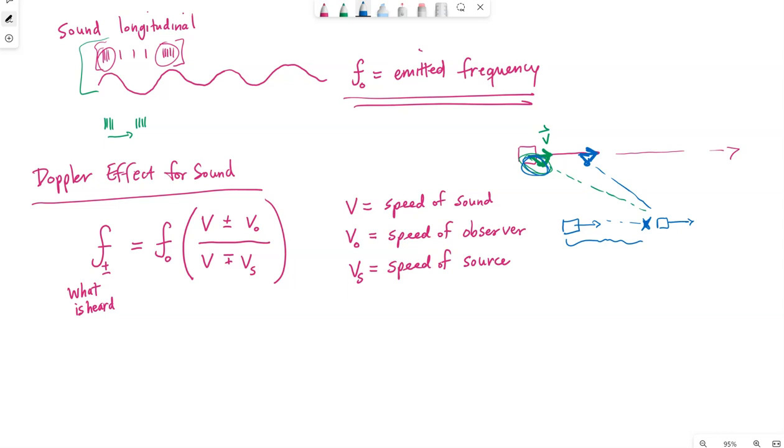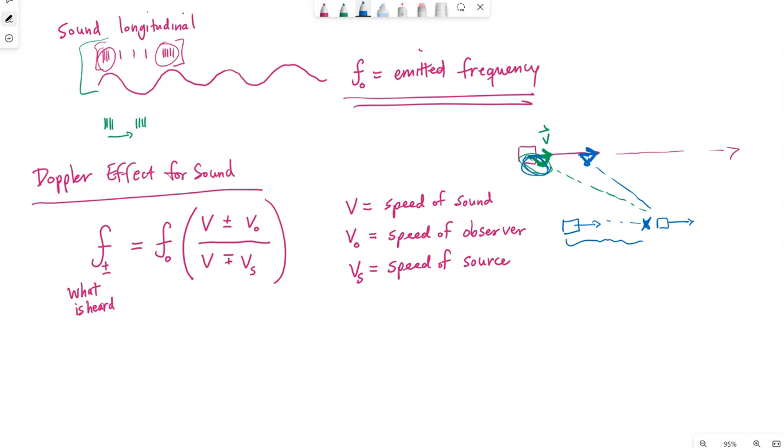All right, so V in this equation, speed of sound, if we are not given a temperature, so we can't use the equation that allows us to calculate the speed of sound based off of temperature, then we're going to use the 343 meters per second that is also listed. So we're going to be assuming 20 degrees Celsius, unless we're given a temperature. The speed of the observer, how fast the observer is going, and then the speed of the source.